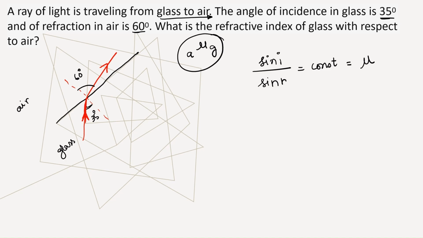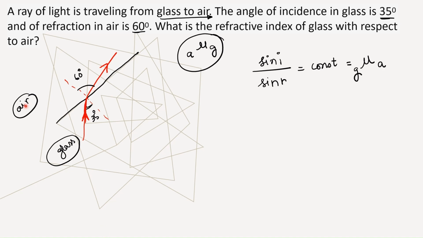Glass to the air. Very important. So sin I is in the glass, angle of refraction is in the air. So this will be refractive index of air with respect to glass.